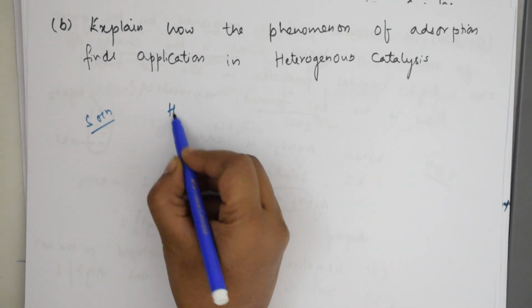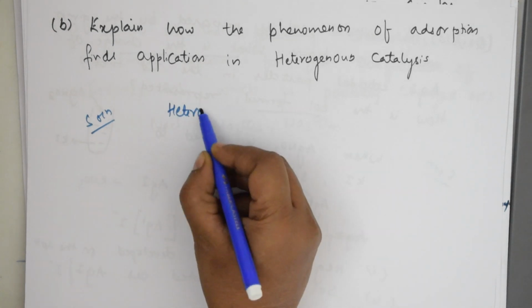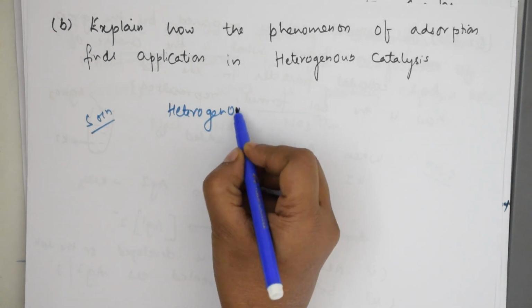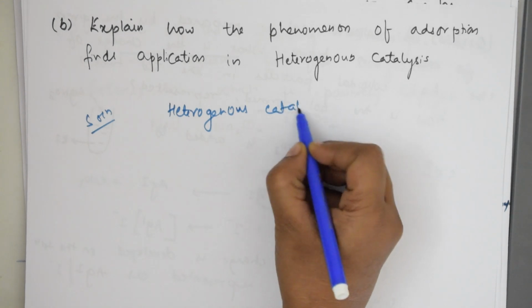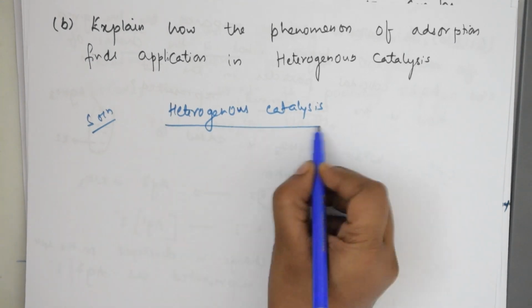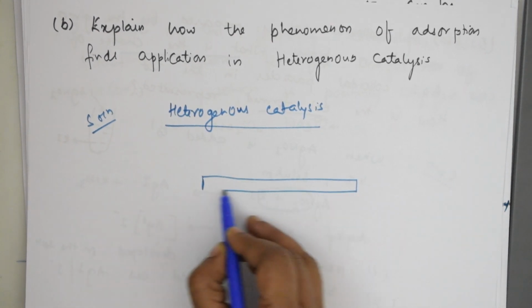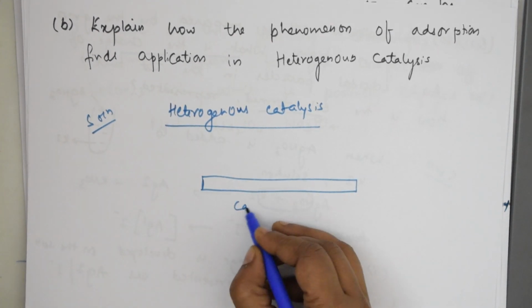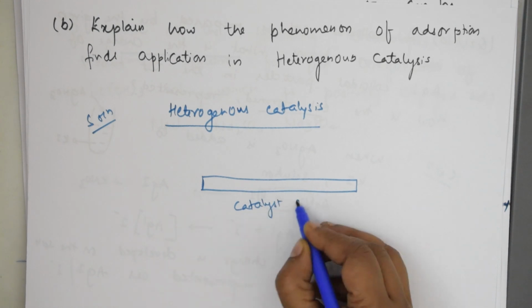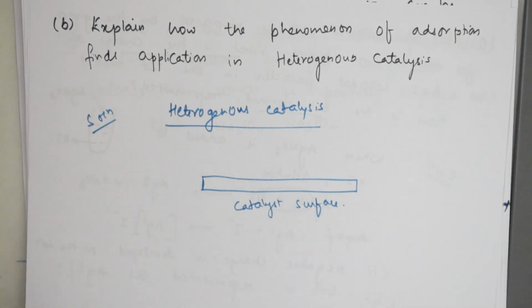Let us see the concept of heterogeneous catalysis very quickly. In heterogeneous, hetero means two different. Suppose I have a surface here. This is the catalyst surface.